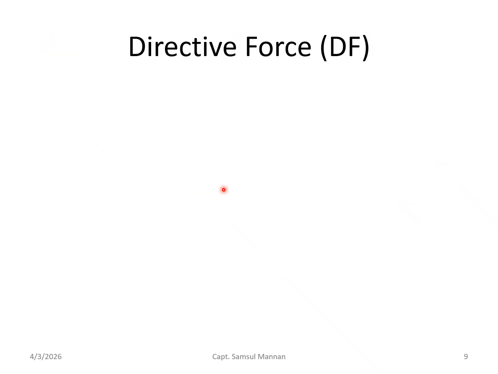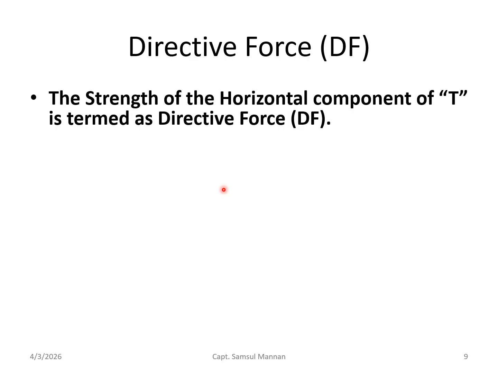Let us see another important concept of Earth's magnetism. We call it directive force. What is directive force? The strength of the horizontal component is termed as directive force. As we know, Earth's total magnetic force has two components, the H force and the Z force.